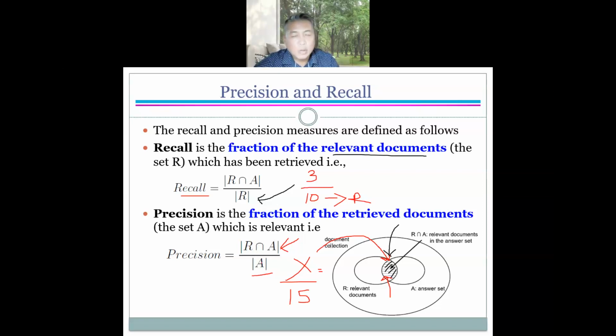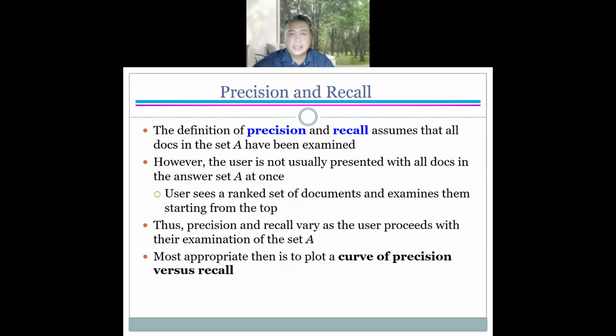Okay, how do we apply recall and precision? Let's take a look at the application of precision and recall. The definition of precision and recall assumes that all documents in the set A have been examined. That means the list given to you as part of the answer, you have checked all of them.